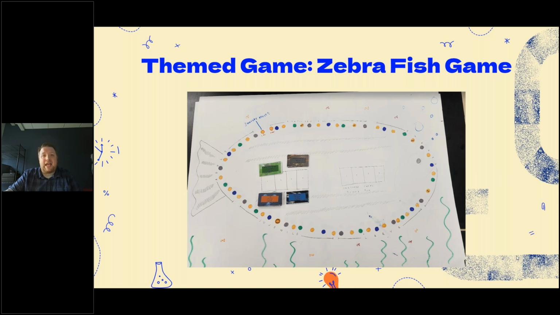They started as a fertilized one cell egg, and then they had to travel through the life cycle to get to hatching, essentially. Throughout the way, they had environmental factors, developmental challenges, and survival threats to deal with. It was a really fun way for them to try to get to the egg hatching, but also to learn about those different stages.